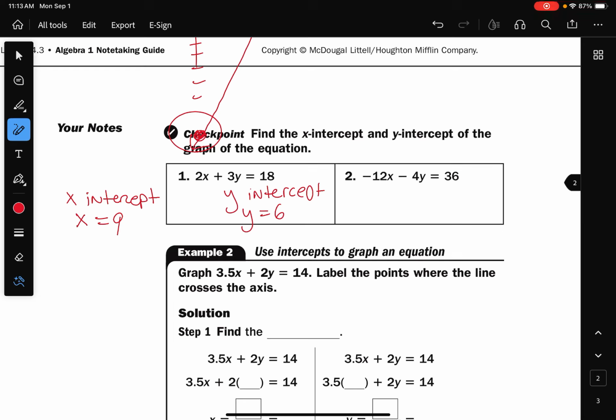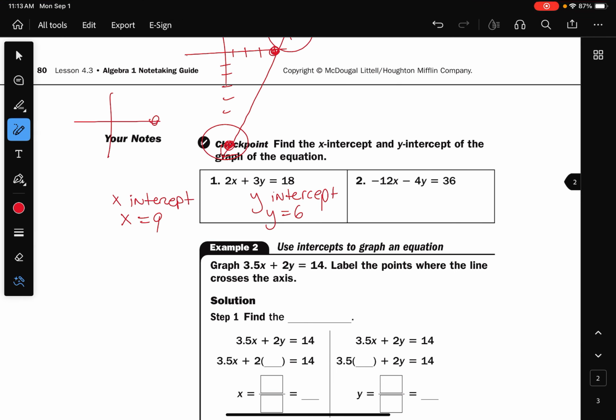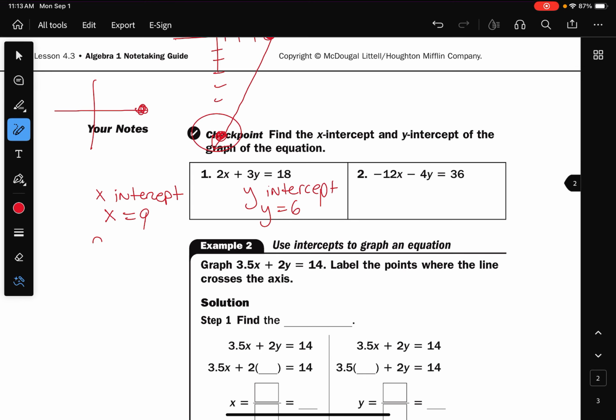But I want you to start thinking about how that would look on the graph, right? The x-intercept crosses the x-axis at 9. So what's 0 there? The y is 0, right? We plugged in y equals 0. I'm going to expect you in the future to write your answer as a coordinate like this. So the x-intercept at x equals 9, because that's more of an equation.